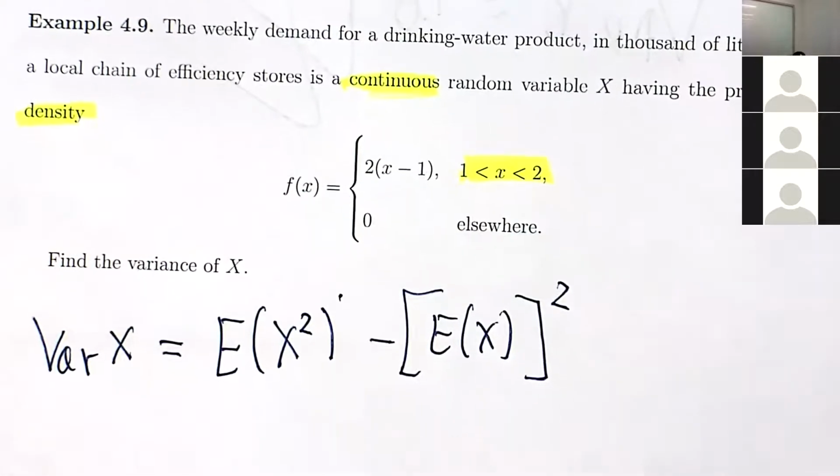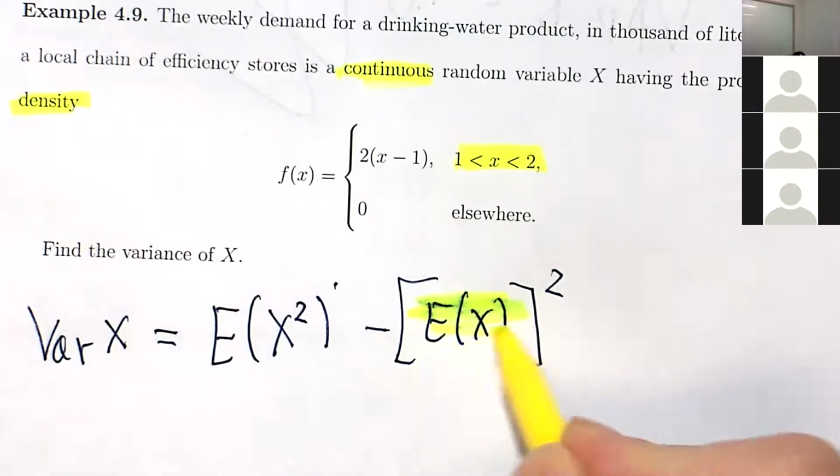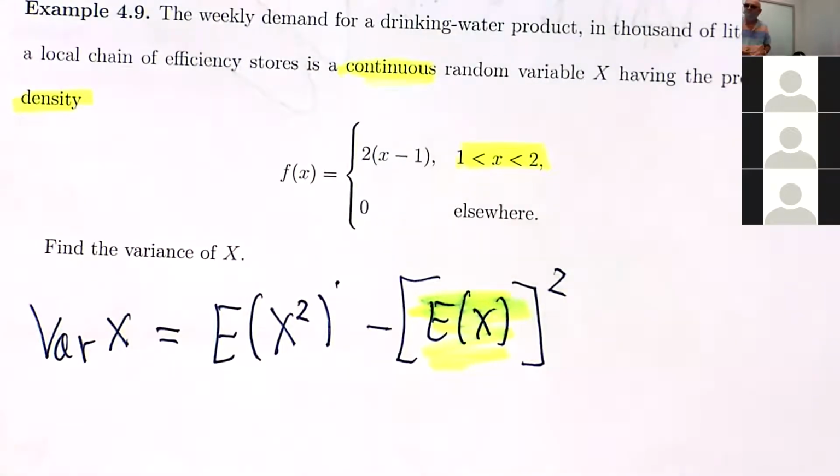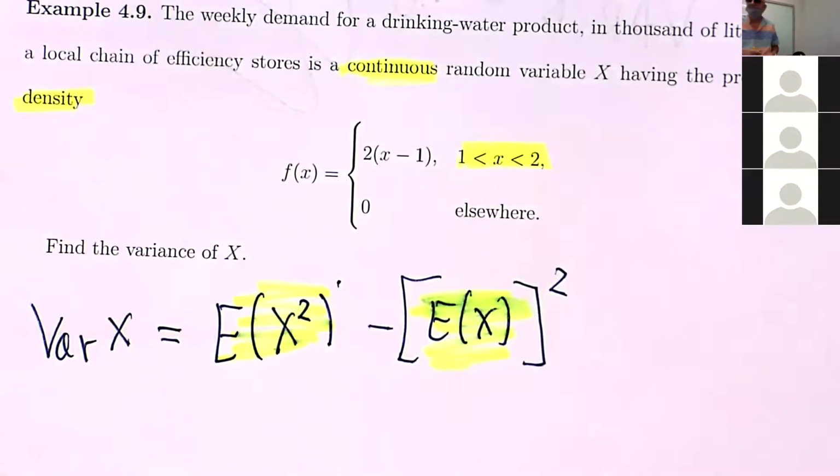Which means that when you use this definitional formula, the first step will be to find the mean, then the second step will be to find the expected value of x squared, and finally to subtract the squared mean from the expected value of x squared.